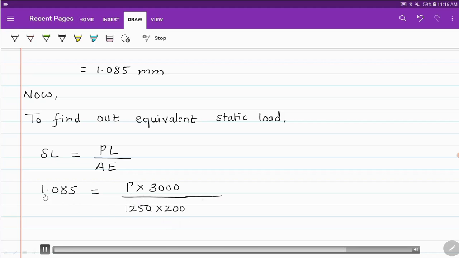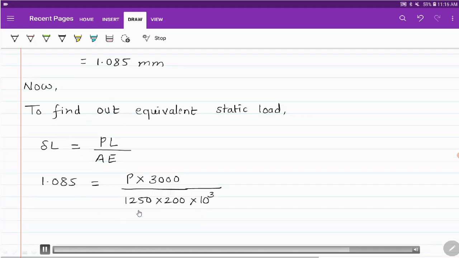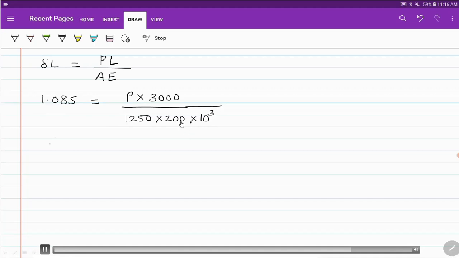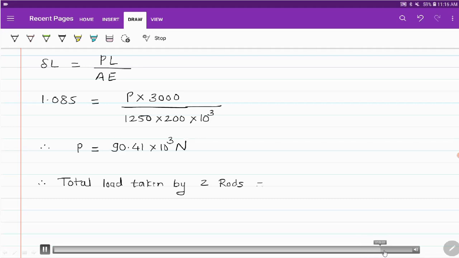So 1.085 will be cross multiplied by 1250 into 200 into 10 raised to 3, and then divide that entire value by 3000, so that you will get the value of equivalent static load as 90.41 into 10 raised to 3 Newton.